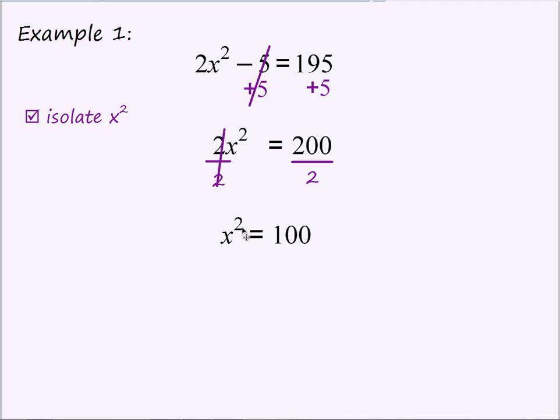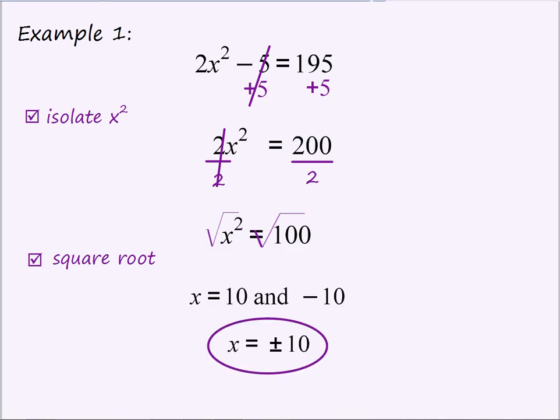Again, how do I get an x from an x squared? I square root. What I do to one side, I have to do to the other. Square root of x squared is x, and square root of 100 is both positive 10 and negative 10. So I'm going to say that x is positive and negative 10.